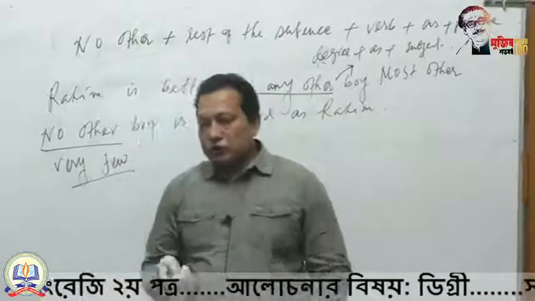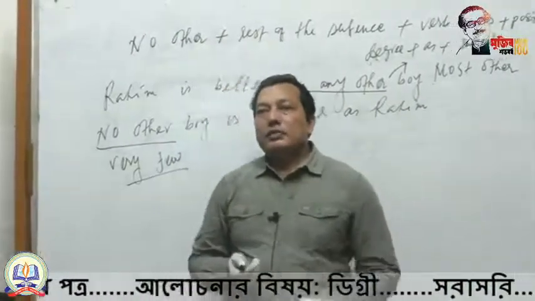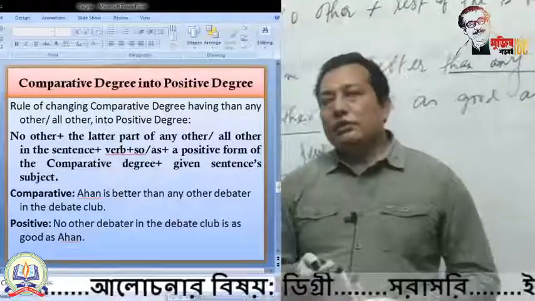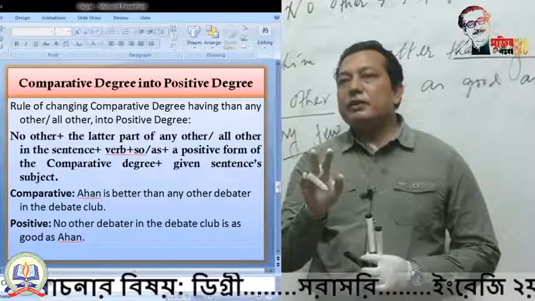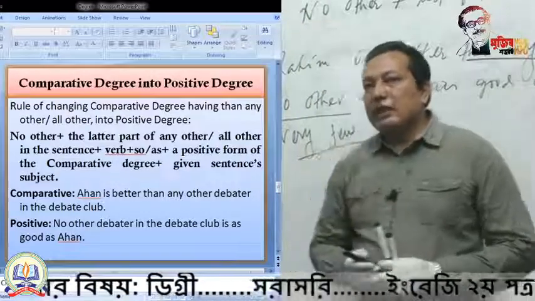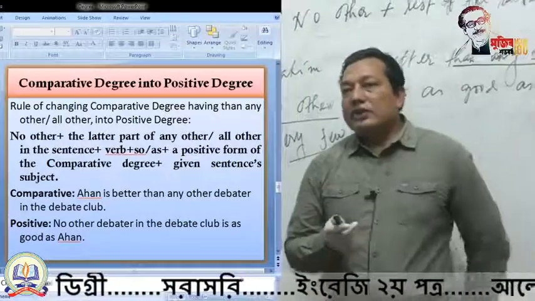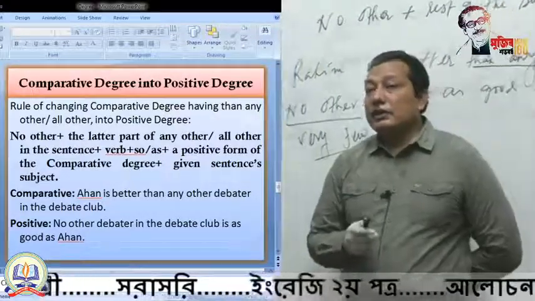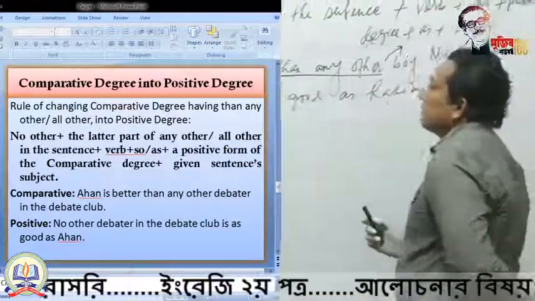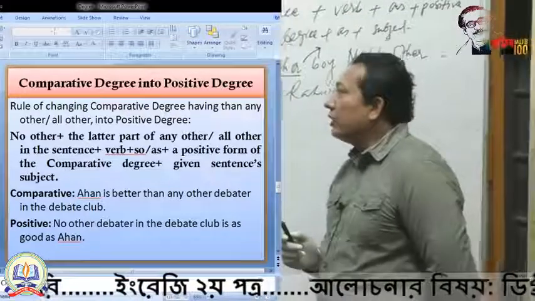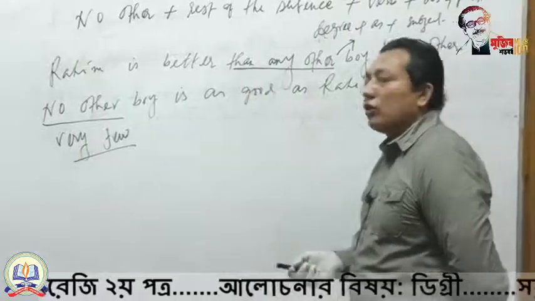And I am showing you another thing. That means here, you are getting comparative degree just comparing between specific two persons. Like, Ahan is stronger than Rihan. Here, you are getting only specific two persons. For that reason, you are not allowed to use "no other" or "very few".